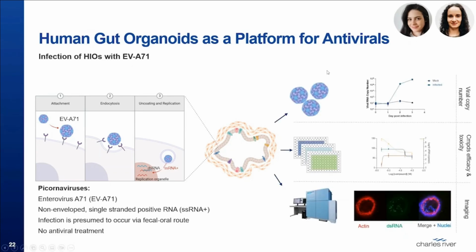And what Fatma and Nancy did was develop a toolkit to study infection with this virus in organoids. So they developed an assay to quantify the viral copy number, to assess the efficacy of compounds and their toxicity, and also an image-based readout.